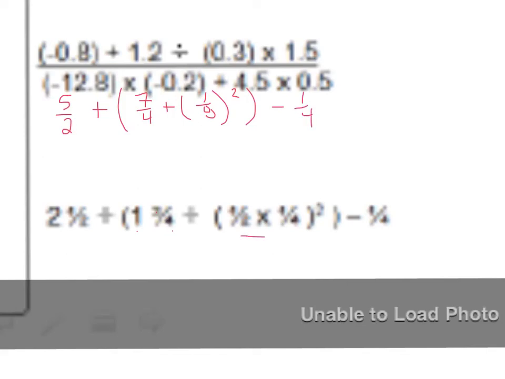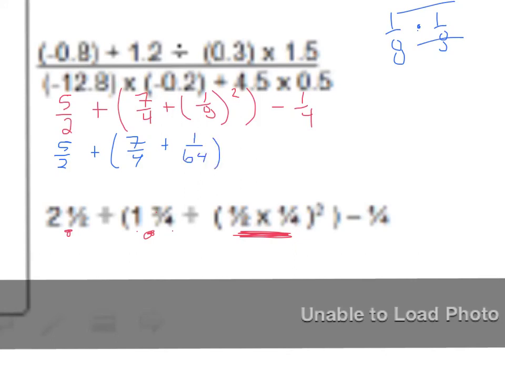Okay, so far I've just dealt pretty much with this. I've converted this, and I've converted that. Next step is I do all my exponents, so I'm going to leave 5 over 2. I'm going to add 7 over 4 plus 1/8 times 1/8 is 1 over 64. Top times top, bottom times bottom, so this is 1 over 64. I leave the minus 1/4 still.